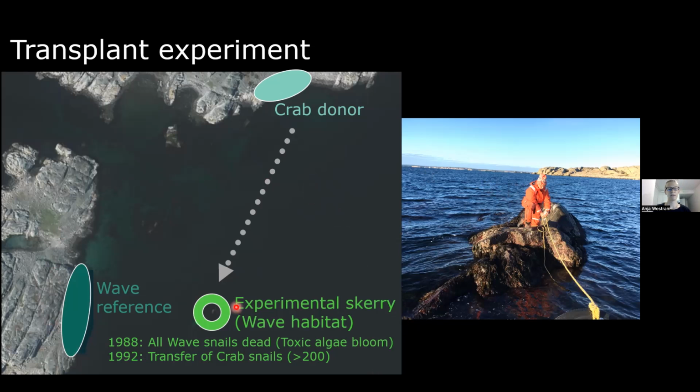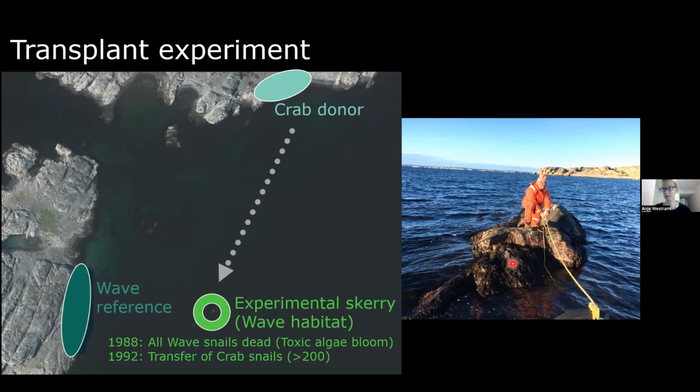If you look at this map, you can see in this geographical location on the west coast of Sweden, we have an area where we have a wave population and an area where we have a crab population. Okay, there's nothing particularly exciting there. But we also have this very small island, which is called a skerry, which you almost can't see on this satellite image because it's so small, which you can also see in this picture.